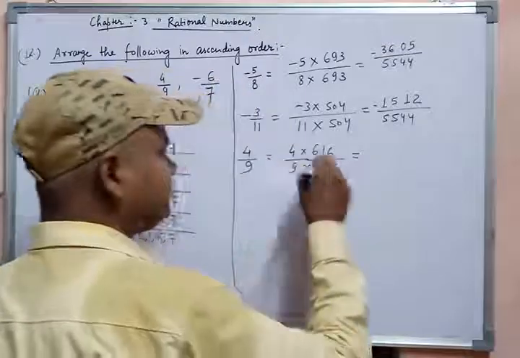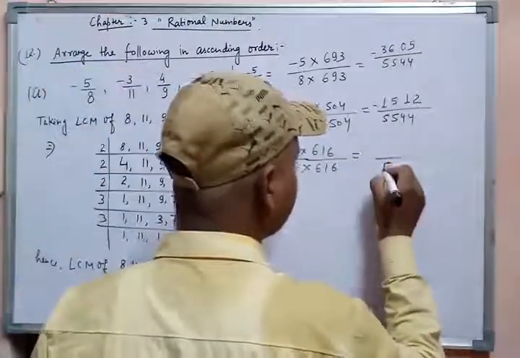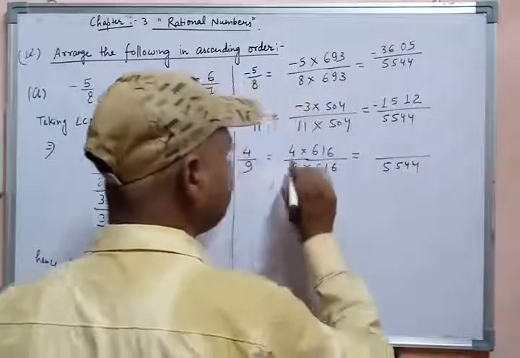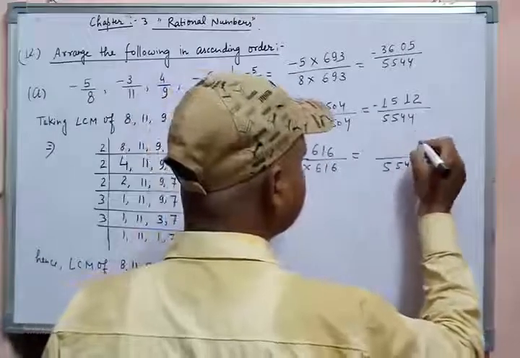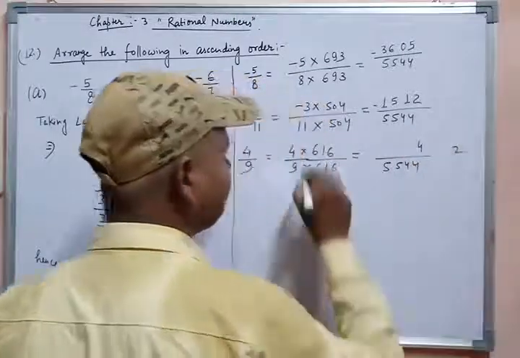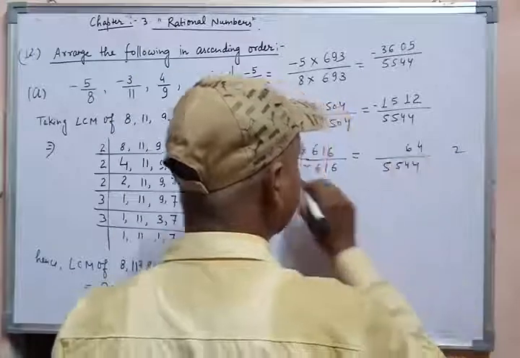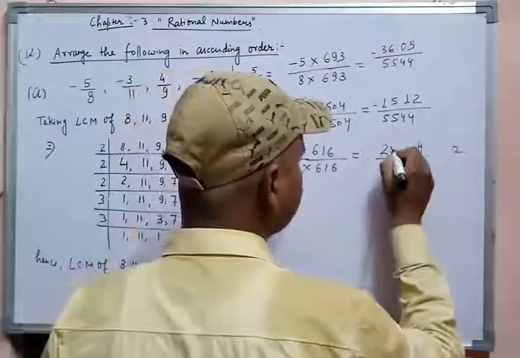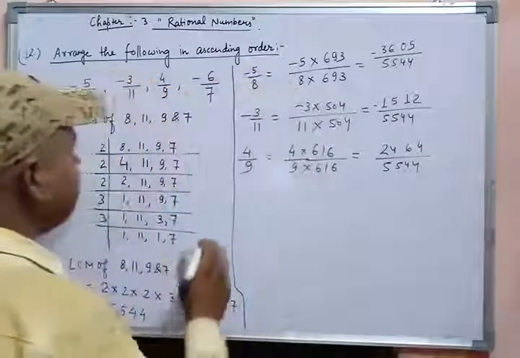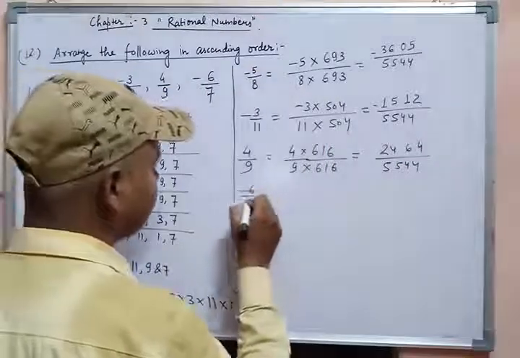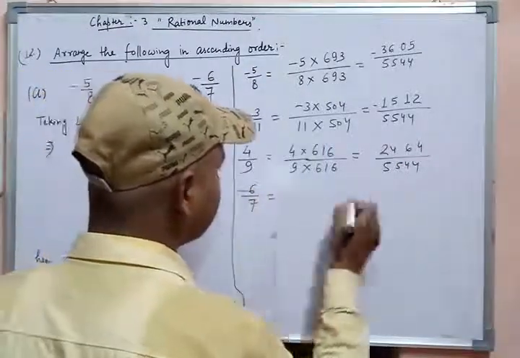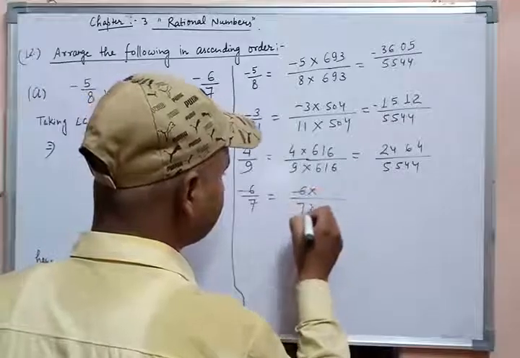Now 4 times 616 is 2464. And in the last, minus 6 upon 7, we can write here minus 6 into 7.